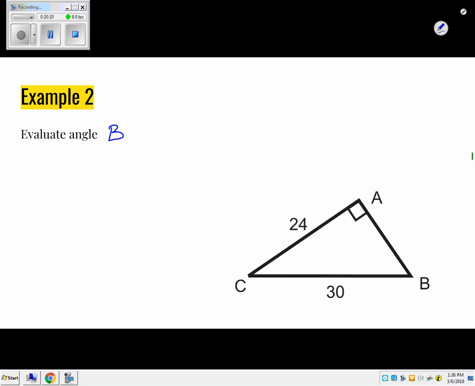I don't want to worry about the Pythagorean thing. I get some nasty square root maybe. But look at angle B right there. So which trig function should I use? Why sine? I know, opposite and hypotenuse. Okay. So sine of B should be the opposite side, 24, over the hypotenuse.